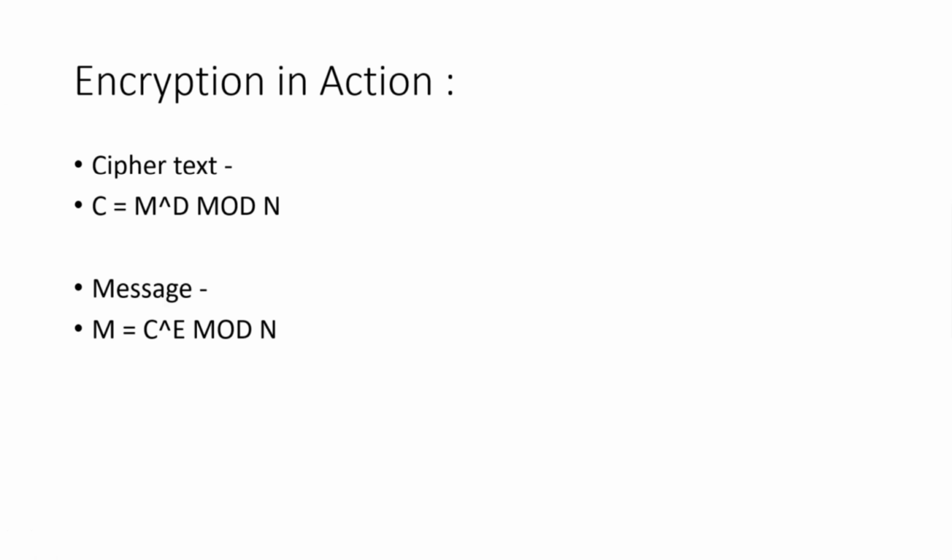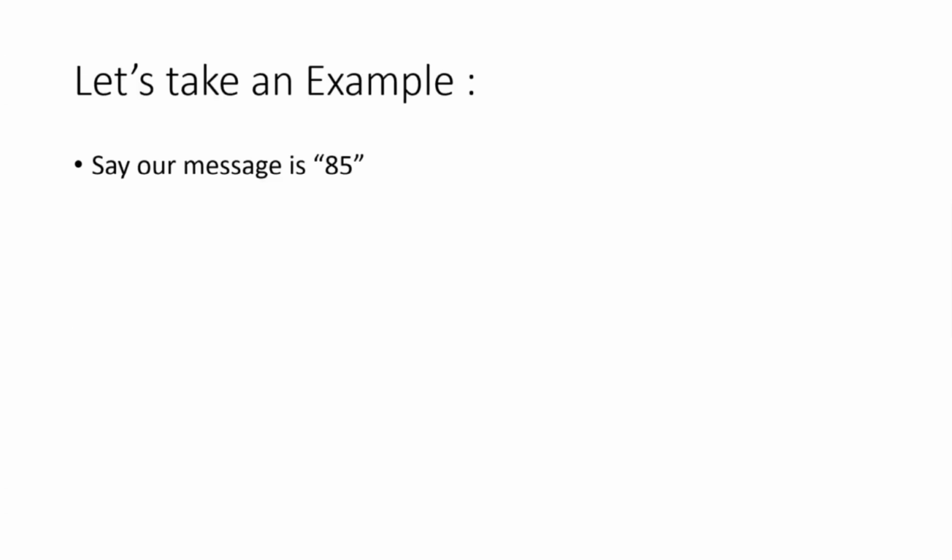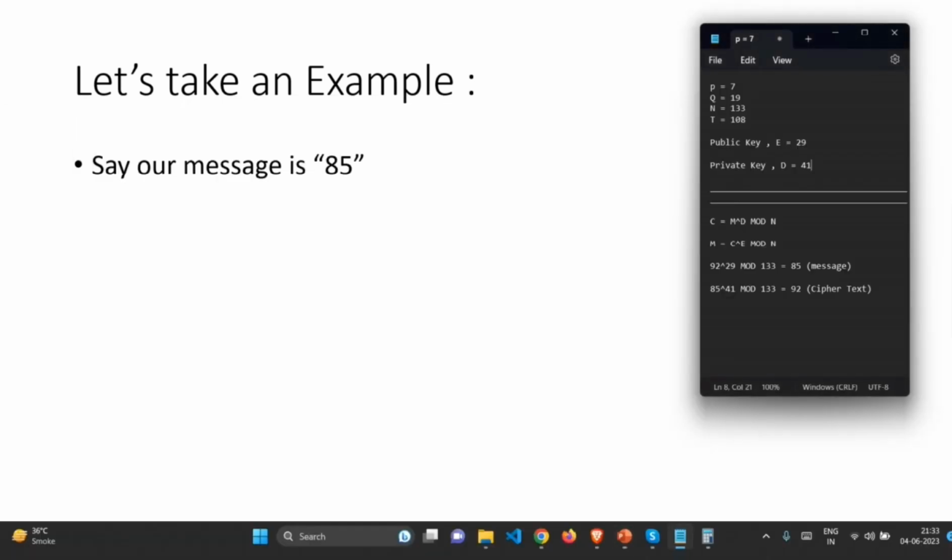Similarly, m is equal to ciphertext raised to the public key, mod n. Now let's take an example. Say our message is 85. Now let's convert this into ciphertext. We can do that by this formula over here.